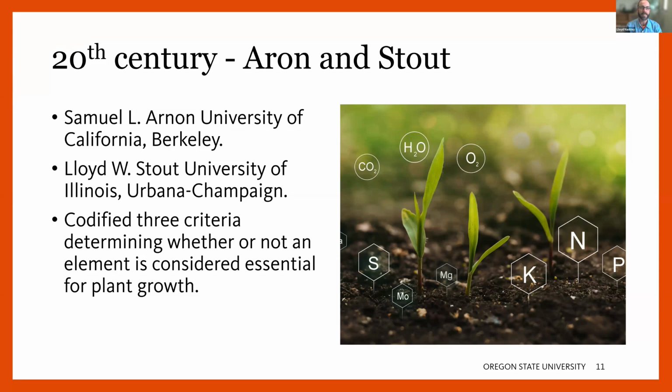So I definitely was surprised to see the first name, because I've seen Arnon and Stout, I don't know, for years, but I only found out recently for this presentation that he was a fellow Lloyd. So these two scientists codified 3 criteria for determining whether an element is considered essential. And I'm going to share these with you to give you hopefully a little leg up, a little trivia, but understanding the background of why, when we talk about the elements in a fertilizer bag, these are the ones selected.